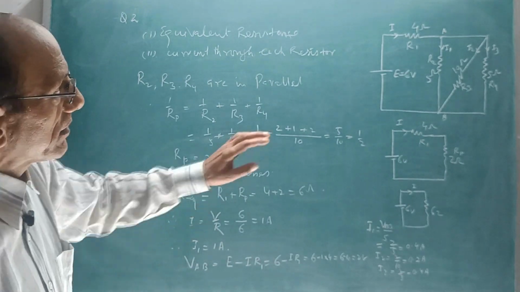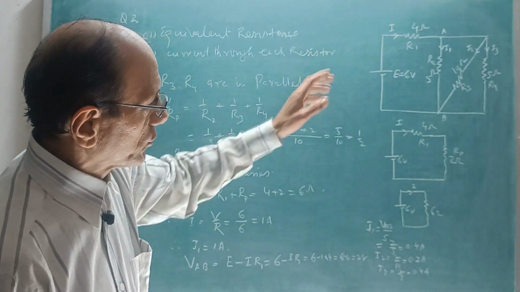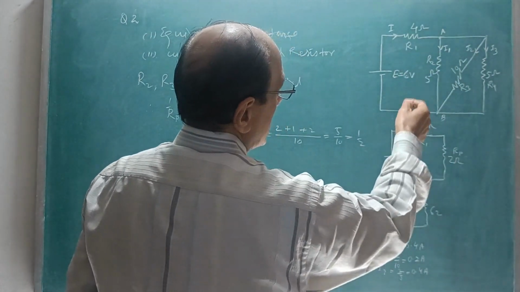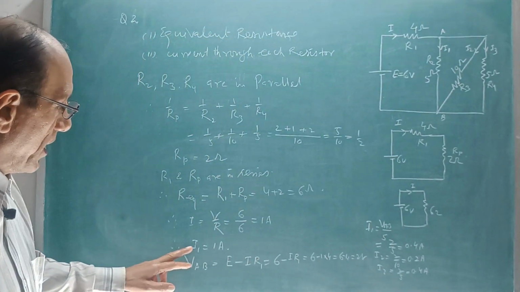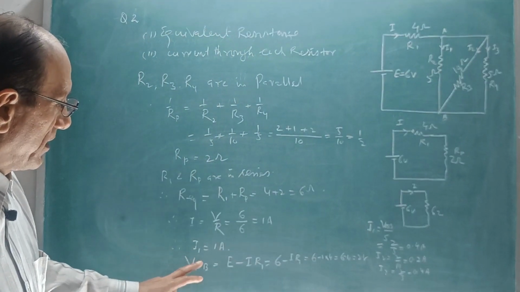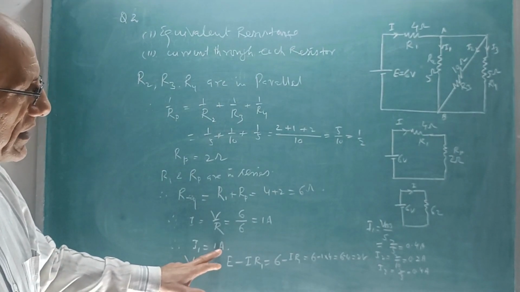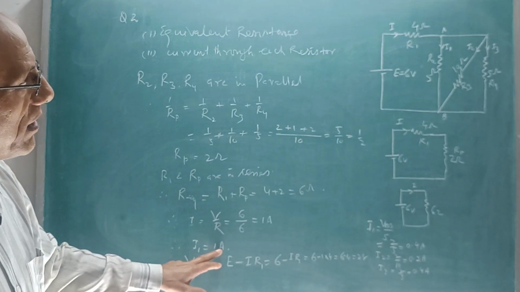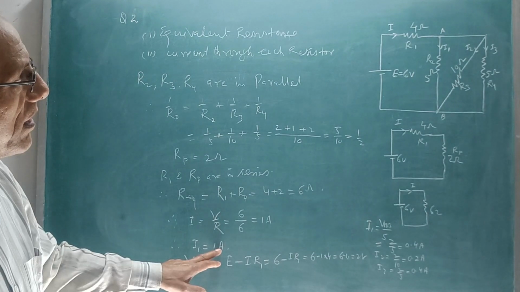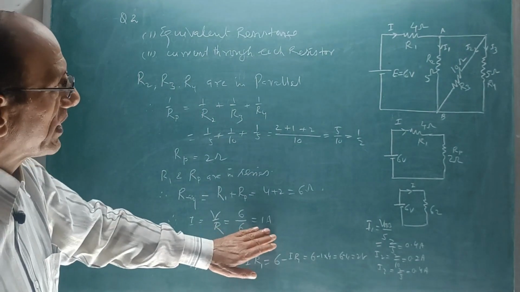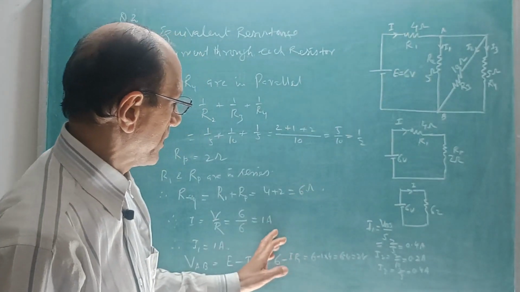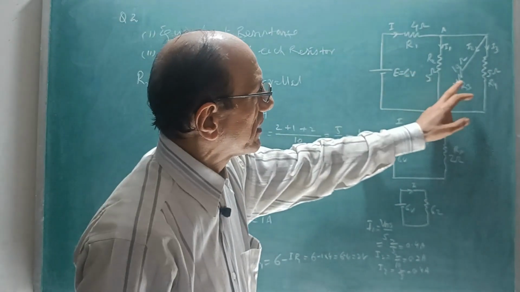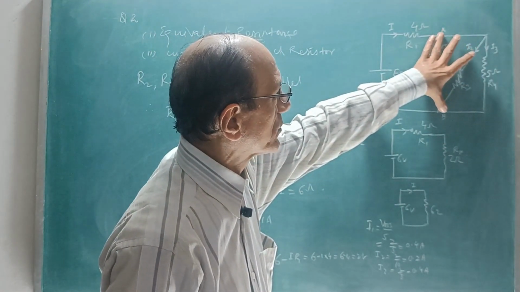Now we have to find the current through R1. Whatever current is passing through this is the same as through R1. So I1 will be equal to 1 ampere. Now for the current through R2, R3, R4 we need the potential difference across them.